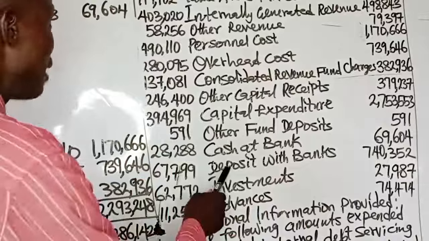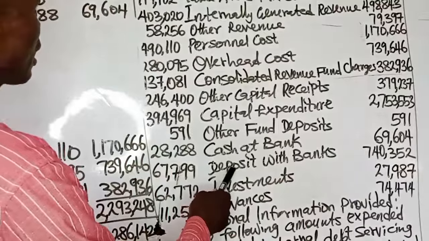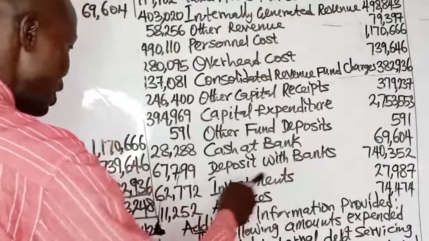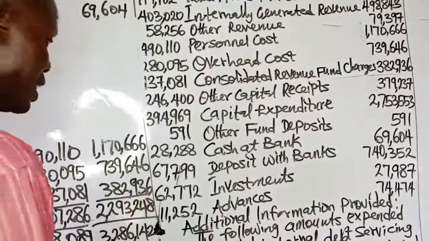The next asset is deposit with banks. The money deposited by the Dengepo state government with the bank. That means they are having their resources with the bank. The resources they have with the bank is their asset.